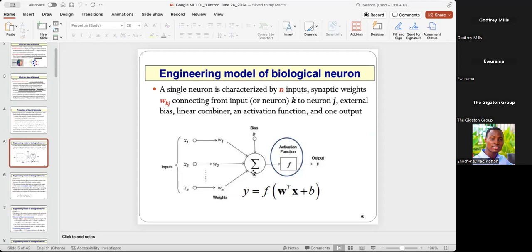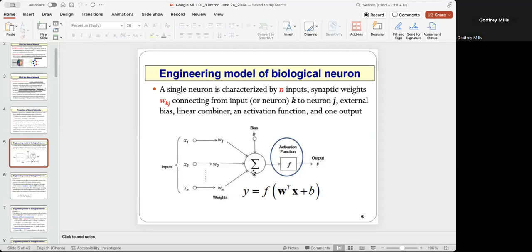Now, let me pause here and make a quick statement. The TensorFlow and all those models we are going to perform, unfortunately, are not going to give us a graphical view of how the neuron looks. All we see is functions.